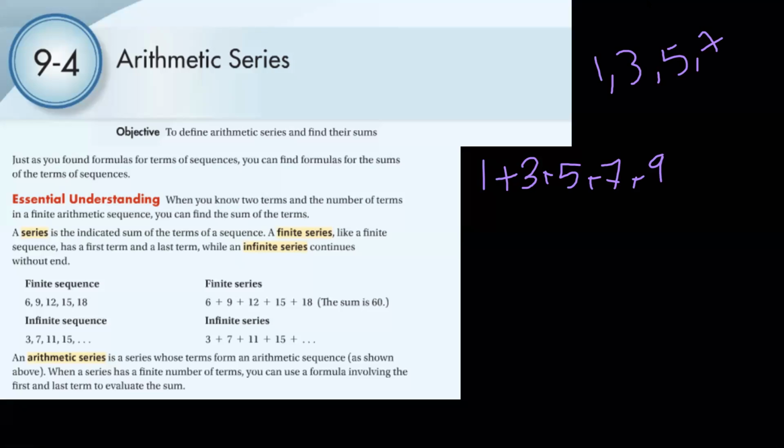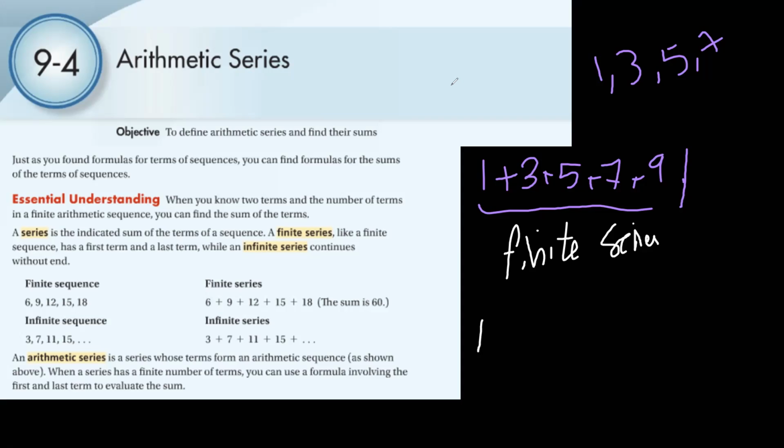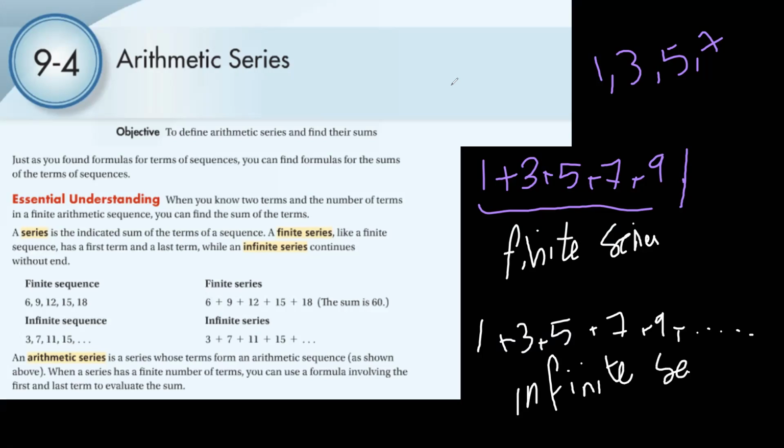And if this series stops, it will end, I will name it now a finite series. And if the series will not stop, like 1 plus 3 plus 5 plus 7 plus 9 plus etc., I will name it an infinite series.